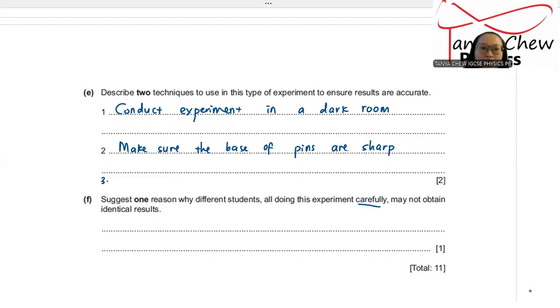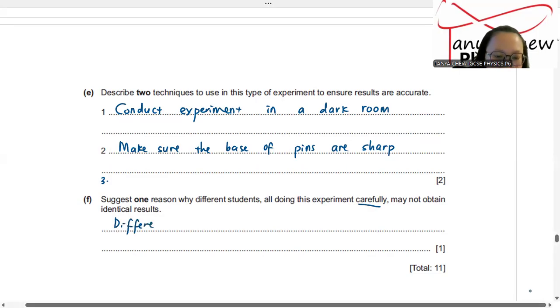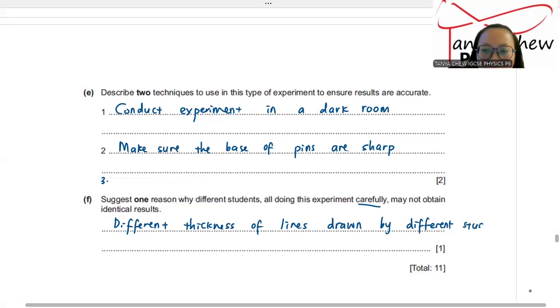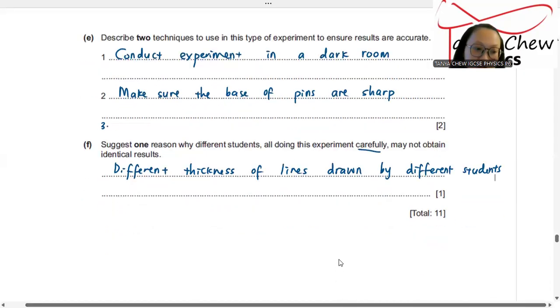So you say that due to the pencil that you use, different thickness of lines drawn by different students. Some students are using blunt pencil. Some students are using sharp pencil, depending on how you press it, right? So due to that, we have different answers, right?